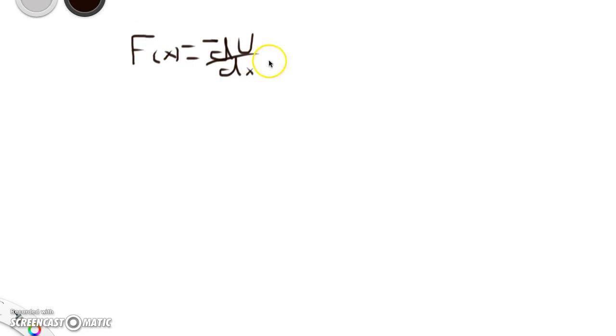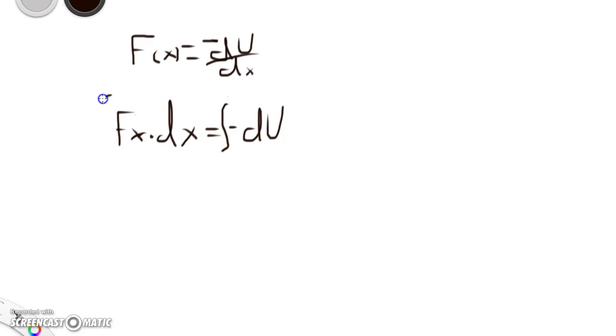So we can find another relationship from this if we multiply dx to the other side, and then we can integrate both sides. When we do so, on this side we get the negative change in potential energy, and on this side we have the integral of F dx.